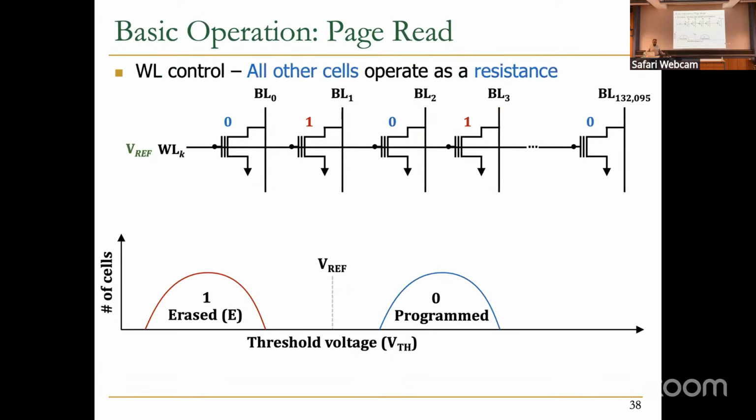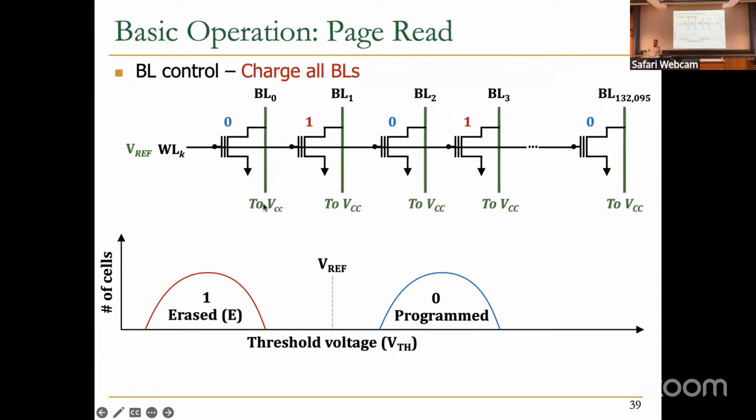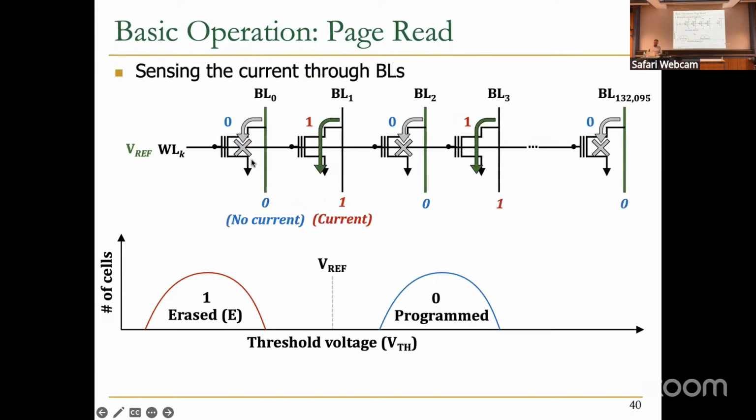So when we want to read from the flash cell, I'm going to have some slides later that show more details about the circuitry. Here, I'm ignoring some of the circuitry we have to sense what we have stored. But essentially, when you want to read, you want to realize whether that cell, by applying a reference voltage, is on or off. So you apply a reference voltage, and you charge all the bit lines to VCC. Then you check whether or not current flows on the bit line.